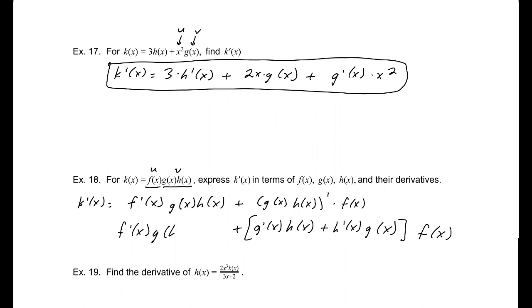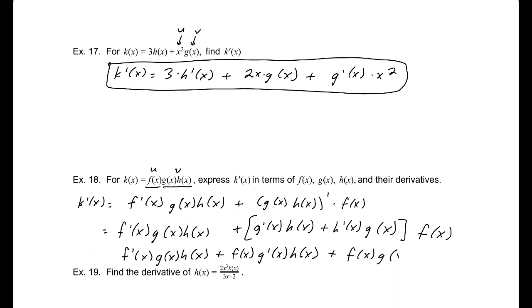Okay, so if I distribute the f of x, what I get is this: f prime of x, g of x, h of x, plus f of x, g prime of x, h of x, plus f of x, g of x, h prime of x.